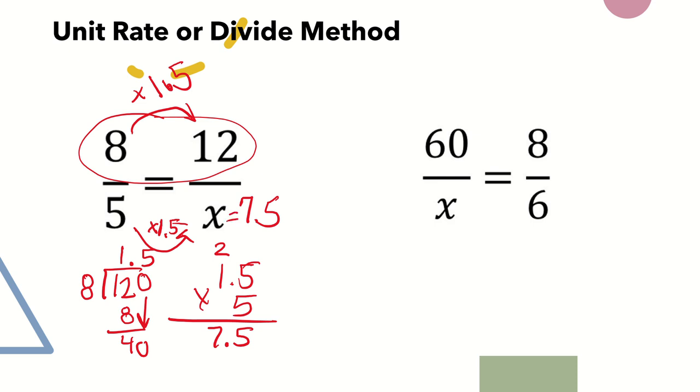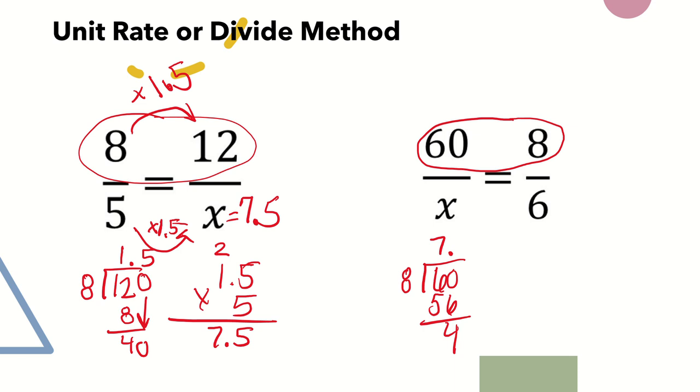Let's look at my next one. Again, we can find this by relationship or divide either way. We could do this vertically or horizontally. I can go 60 divided by 8. 8 goes into 60 7 times. That's 56. 4, put my decimal, 0, 5 times.